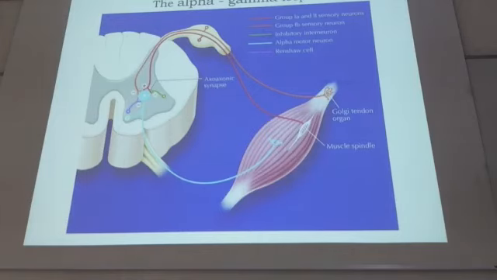This has to do with proprioception of how much the muscle is contracted. We have special receptors within the muscles and tendons that can sense how much the muscle is stretched or relaxed, so you know how much more force you need to apply or relax. And these are also done by motor neurons.